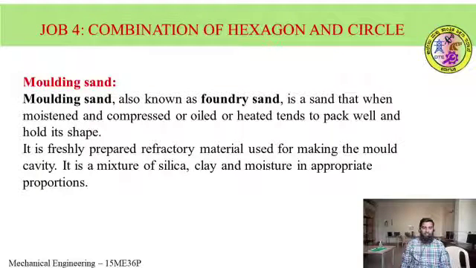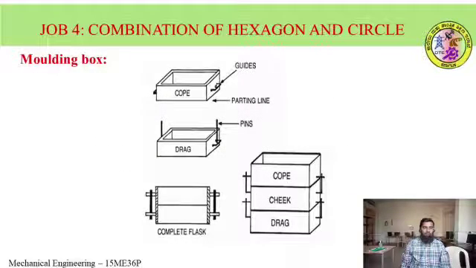In this experiment we are going to use green sand. The molding boxes are used in order to prepare the mold cavity. Here, a single molding box is used in order to prepare the mold cavity.